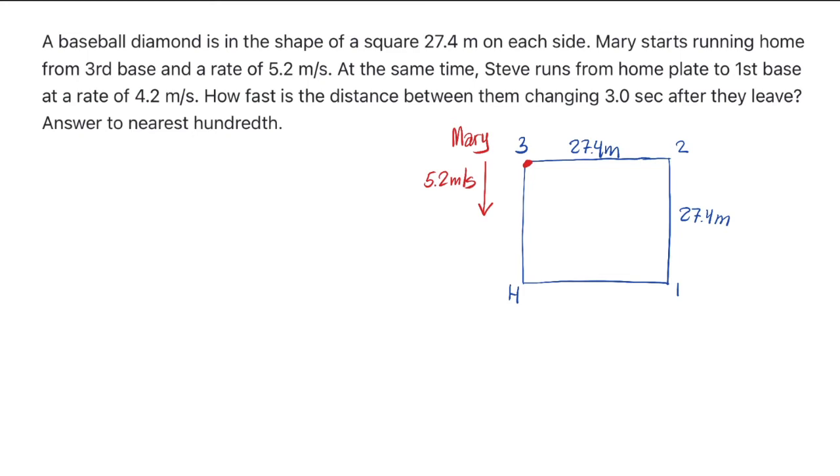At the same time, Steve runs from home plate to first base. So Steve starts right here at home base, and then he runs towards first base like this. So this is Steve. And he runs at 4.2 meters per second.